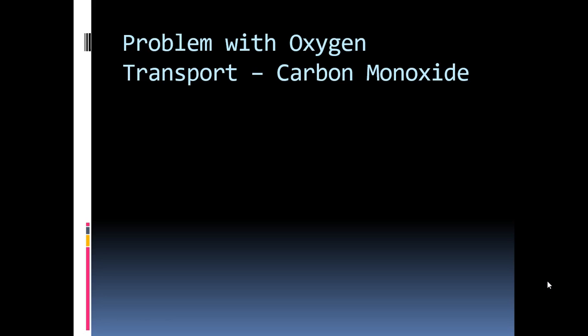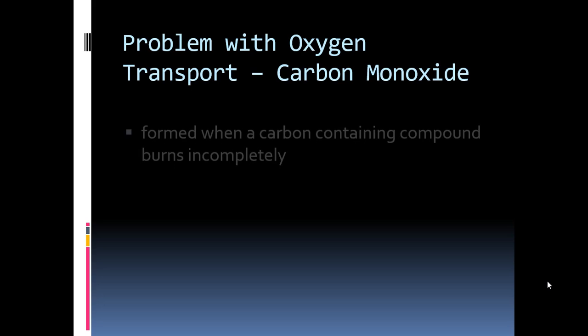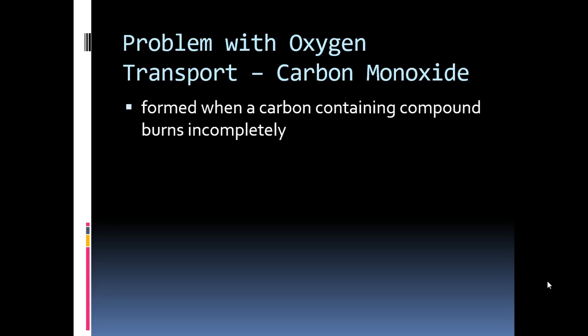Okay, let's look at some of the problems that might arise in oxygen transport. I think you have 2 listed in your syllabus, right? The first one is the presence of carbon monoxide. What is carbon monoxide? Carbon monoxide is a compound that is formed when a carbon-containing compound burns incompletely.